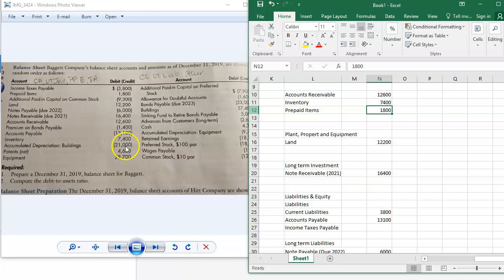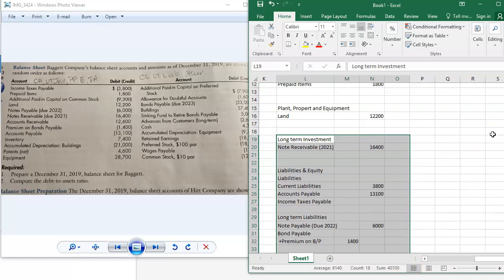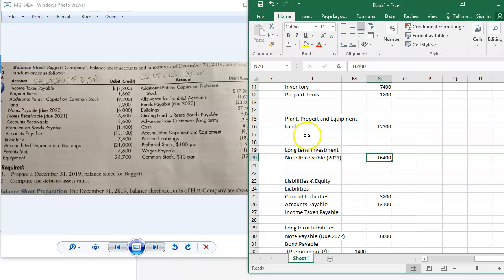Accumulated depreciation on buildings. Let's go down in here somewhere. So I'm going to do the building. It's accumulated. All right, and you're going to put it in as a negative because it's a contra asset. All right, patents are going to be intangible assets.